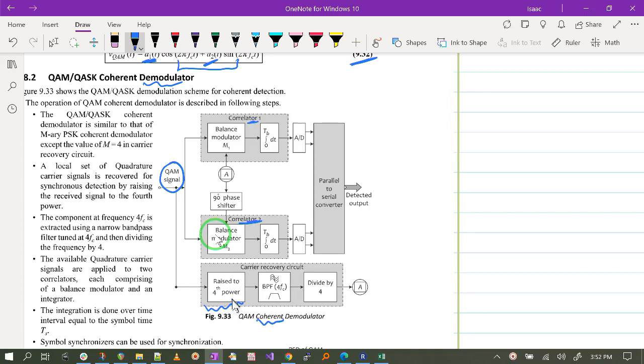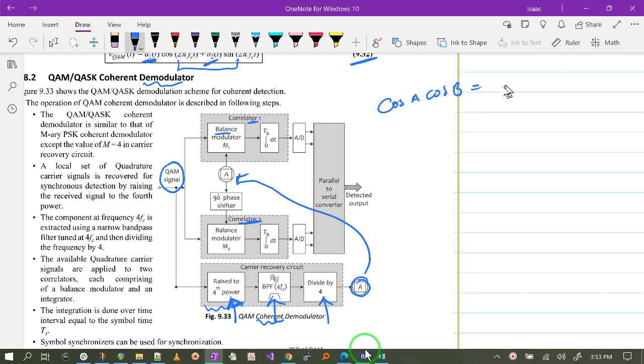When we pass it through a narrow bandpass filter centered at 4FC and divide that output by 4, we are able to get our coherent carrier signal. This carrier signal is the one we multiply with the received QAM signal in the balanced modulator, and we do the same thing that we did earlier.